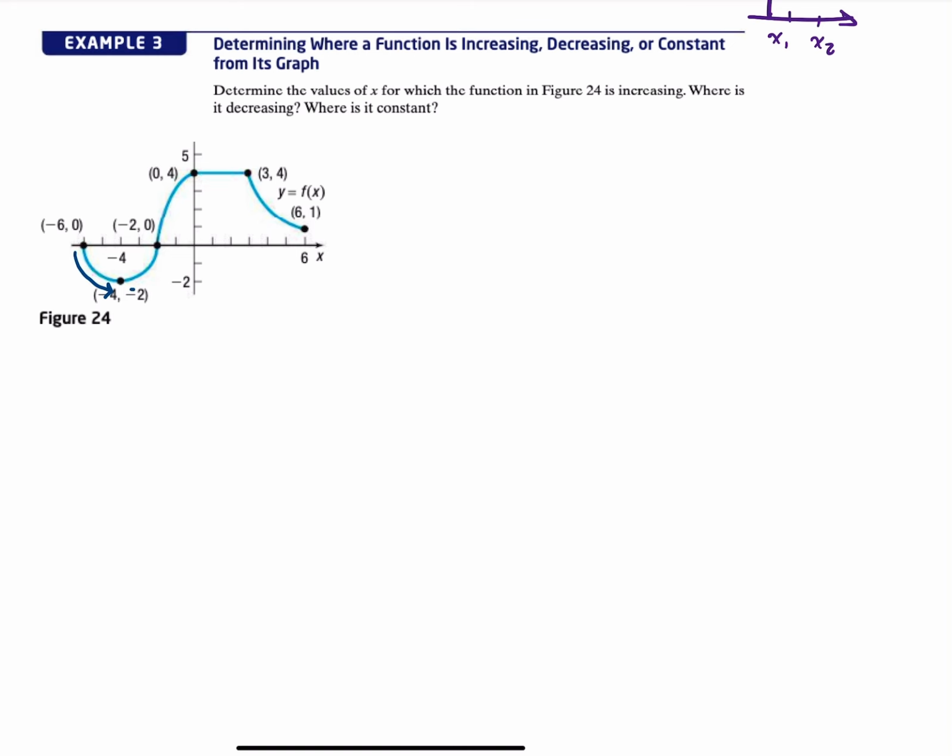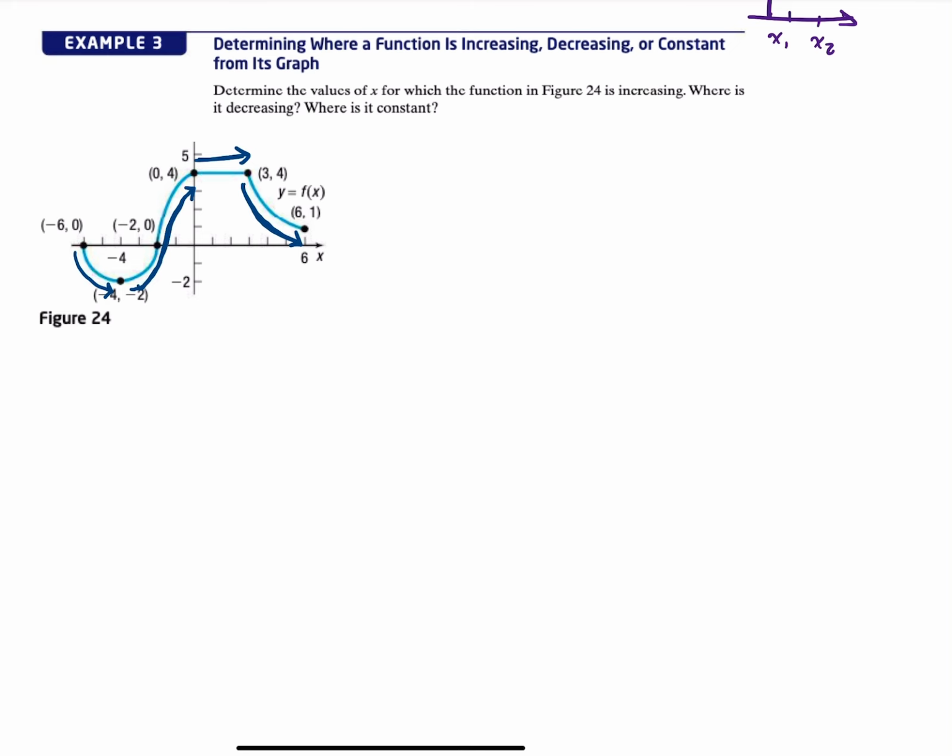But then it changes and it starts to go up, continuing to go up until 0. So upward. Then we get a nice constant flat interval. And then after that, it decreases down until we get to +6 on the x-axis.